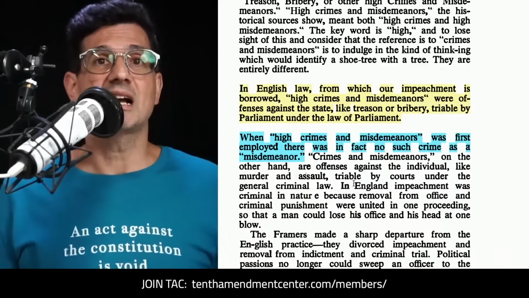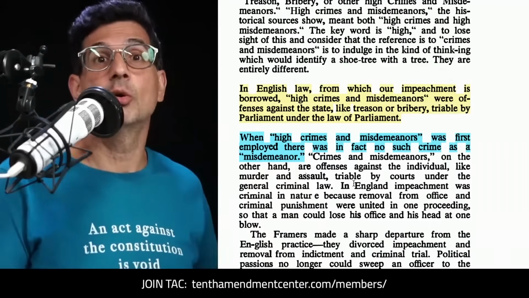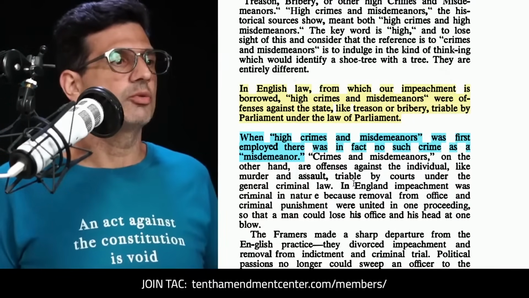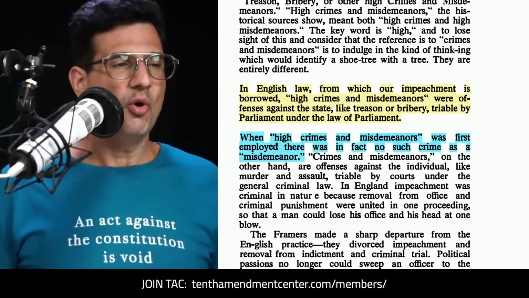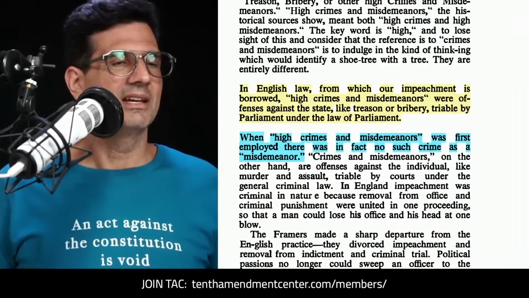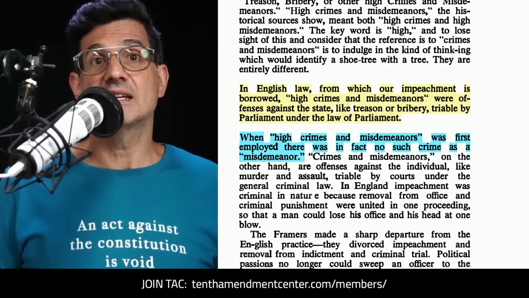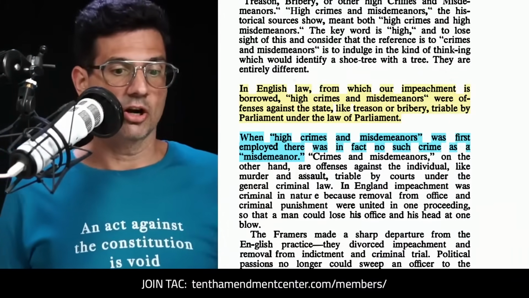But, and this is an interesting caveat, we think of a misdemeanor as a lesser crime in comparison to a felony. But he said, when high crimes and misdemeanors was first employed, there was in fact no such crime as a misdemeanor. And this is part of why we call the phrase high crimes and misdemeanors a term of art, a legal term of art.